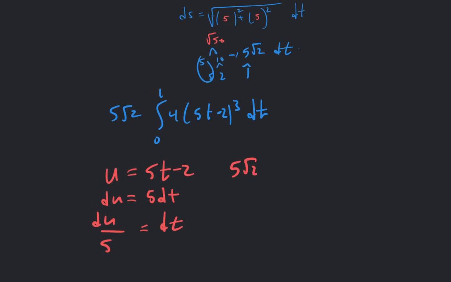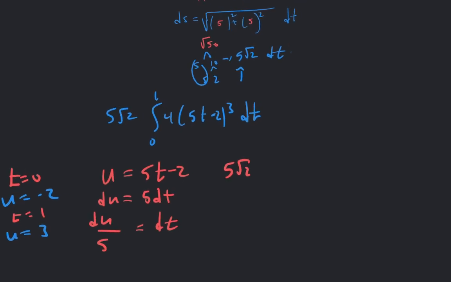Also, when t is equal to 0, u is equal to negative 2. When t is equal to 1, u is equal to 5 minus 2, or 3.